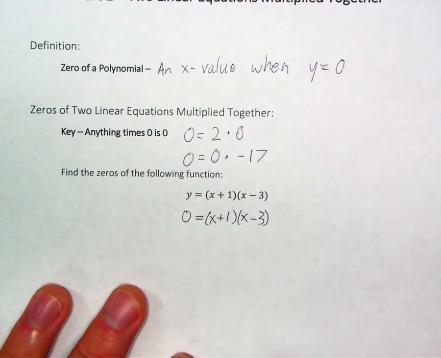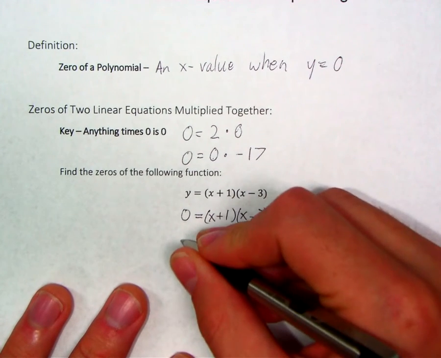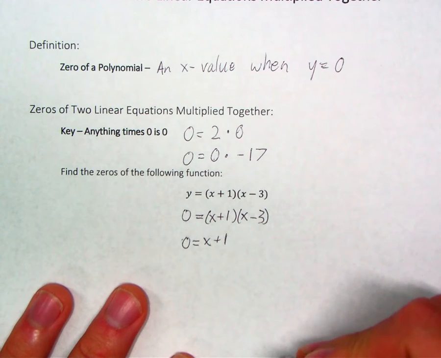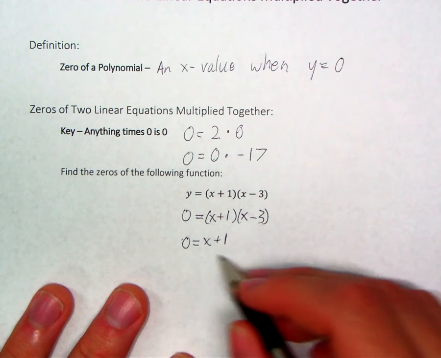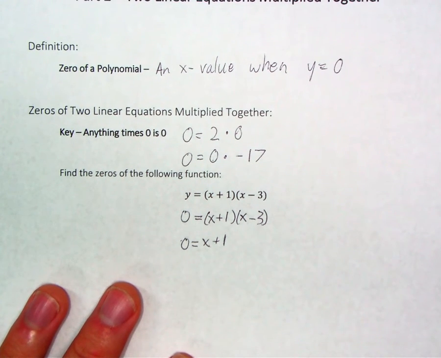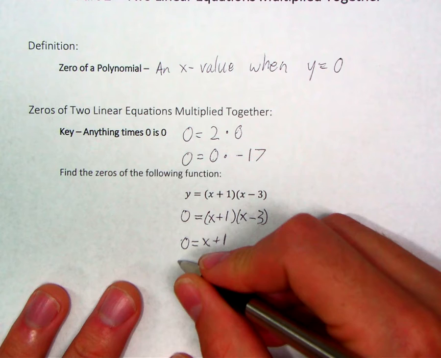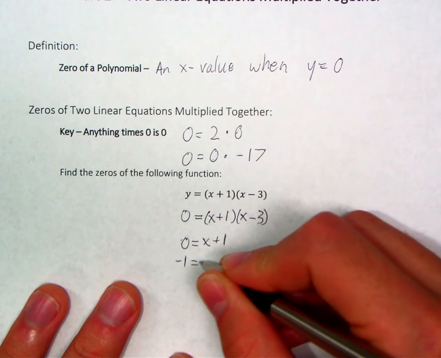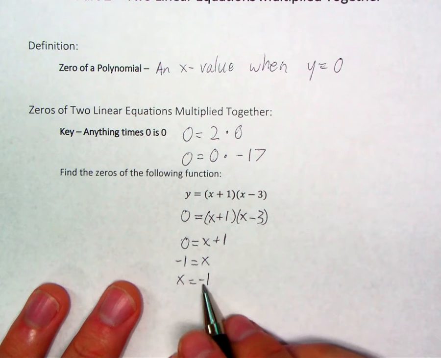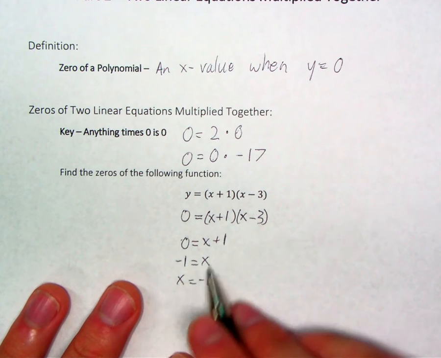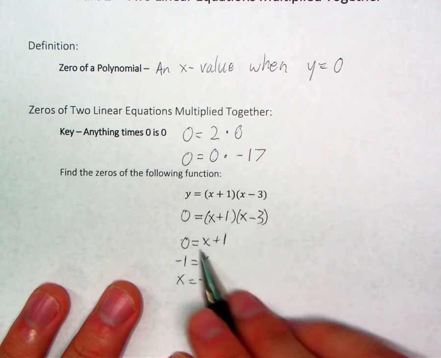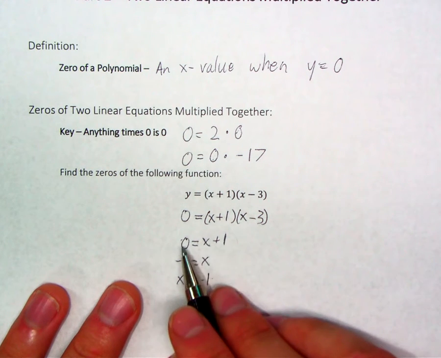So let's figure out, what does x have to be to make x plus 1 equal to 0? Well, this is exactly the sort of equation that I solved last video, right? If I just subtract 1 from both sides, I have that x equals negative 1. So if x equals negative 1, that'll make this linear equation, x plus 1, equal to 0.